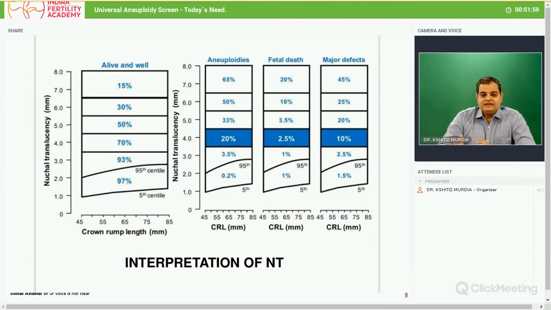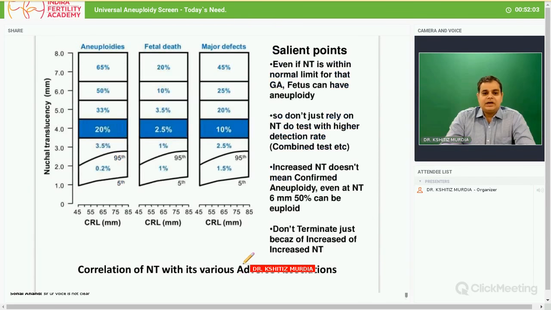So a higher NT doesn't give you the idea that this baby is absolutely abnormal, and just because the NT is very high, you don't need to terminate. The salient point of this discussion is that even if the NT is normal for that gestational age, the fetus still can have an aneuploidy.